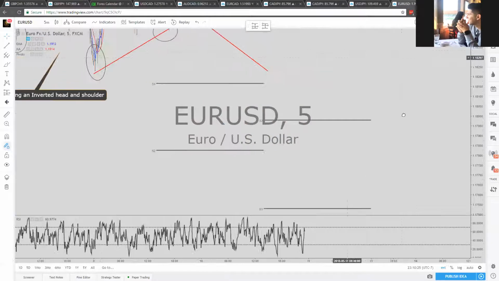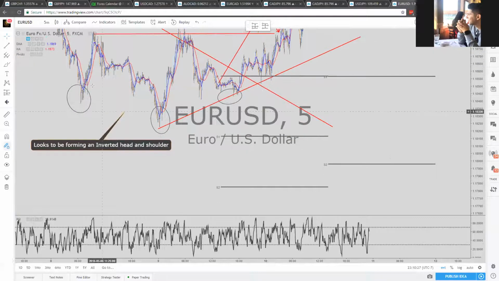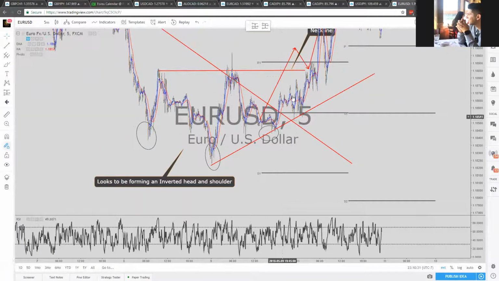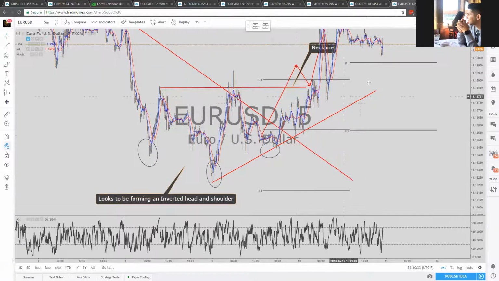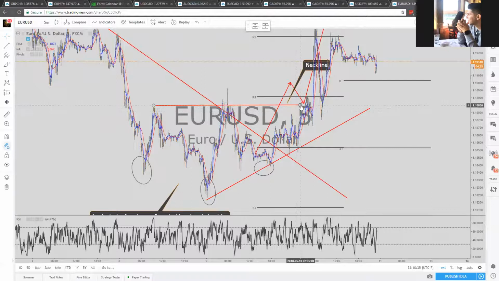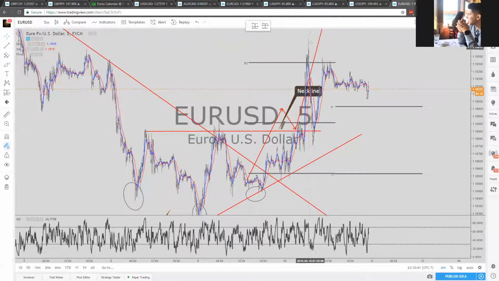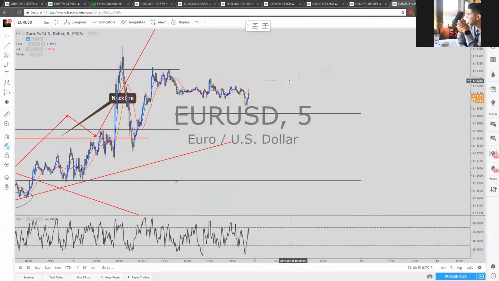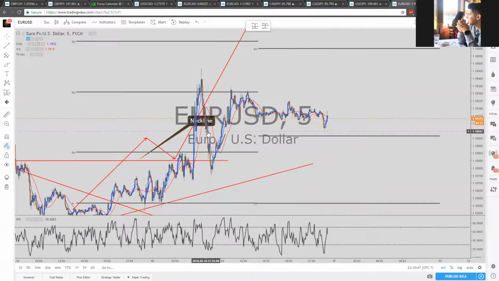We can see that left shoulder, head, right shoulder, and then it broke this resistance line on the downtrend, continued riding up to where the neckline is at. Had some reaction off neckline as resistance over here, and then when it broke up, came back down to neckline and then rose back up. We could see it perfectly hit off like R2, then came down to R1, back up to R2, hit multiple times, and then came back down.